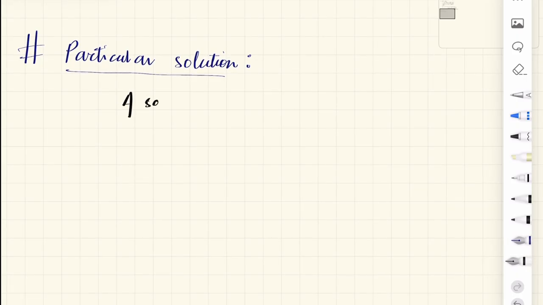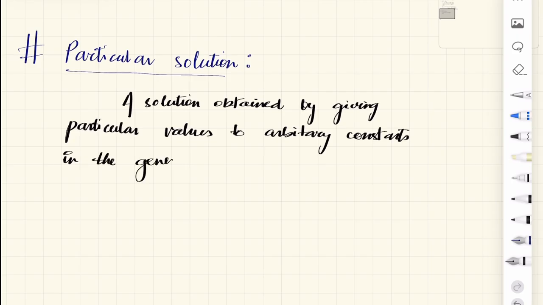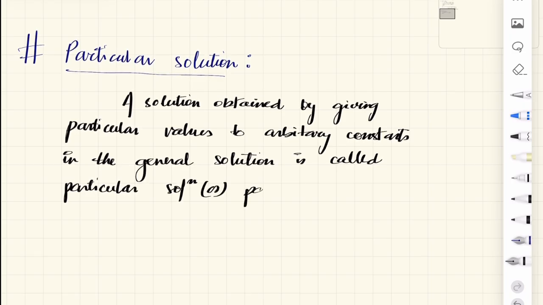A solution obtained by giving particular values to the arbitrary constants in the general solution is called a particular solution or particular integral.